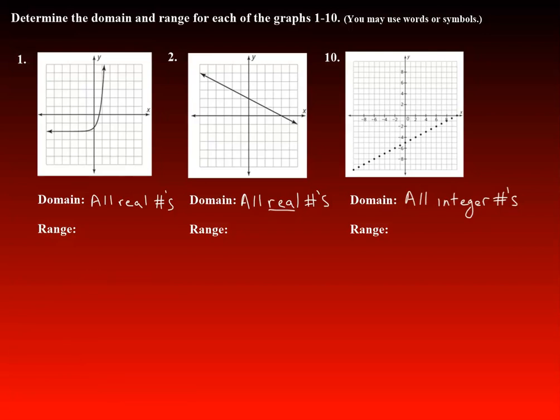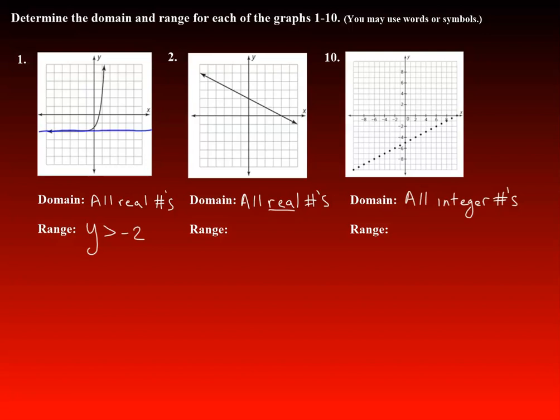Okay, and so if we look at this first one, the y values don't go any lower than -2. So my answer is going to say that y has to be greater than -2. Now the reason I do not put equal to it is because that doesn't actually touch -2 even though it looks like it.